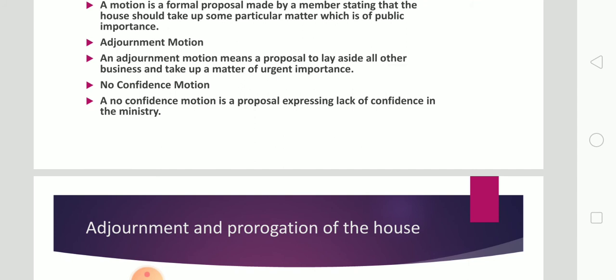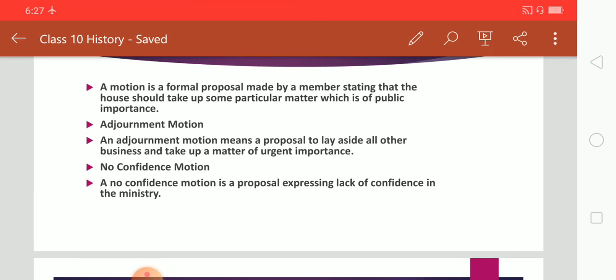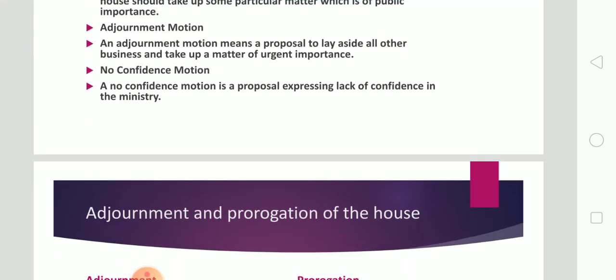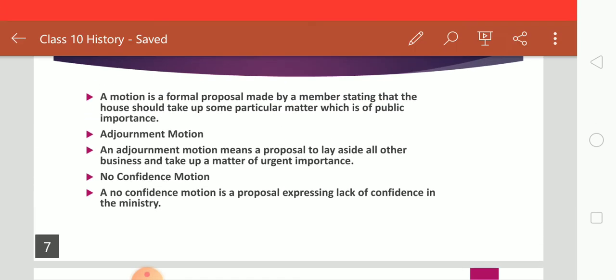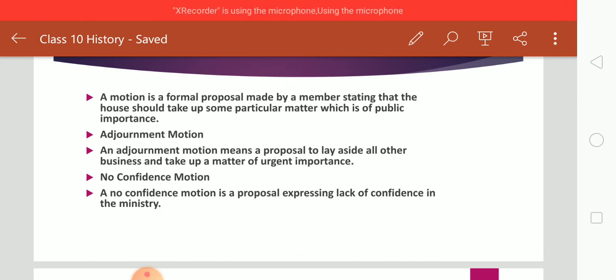At that time, two or three political parties will join together and make the coalition ministry. If it is a coalition ministry, chances are there for problems. If a problem is there, one political party may withdraw support from the ruling party. In such cases, the opposition party can bring a no confidence motion.